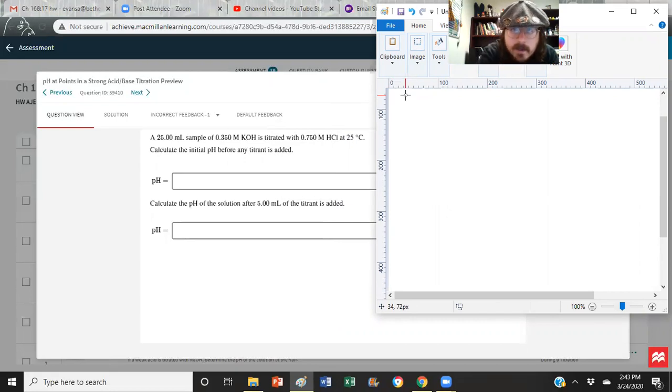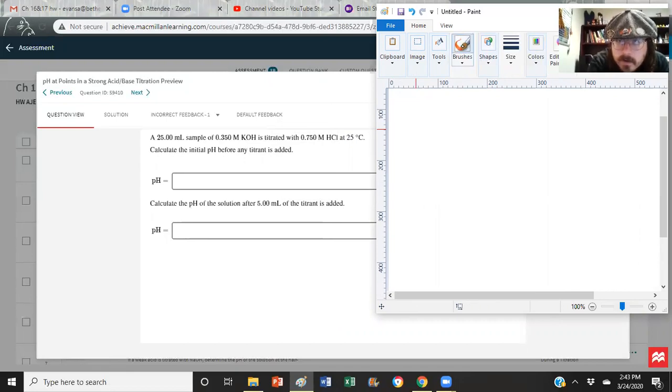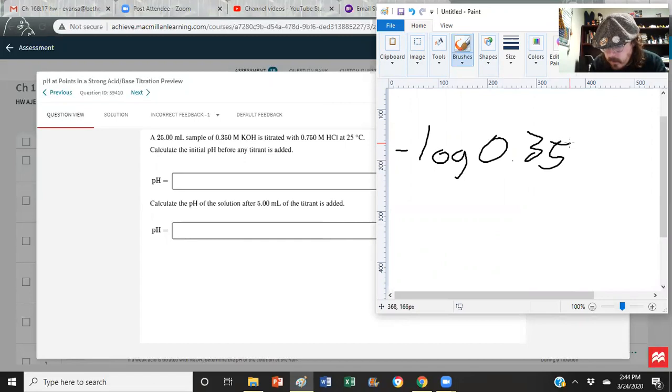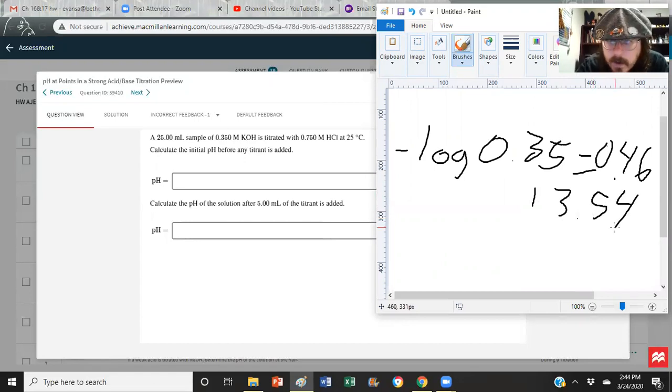The negative log of that is going to be our pOH, which is pretty small, 0.46. Then we subtract that from 14, so 13.54. Not bad.